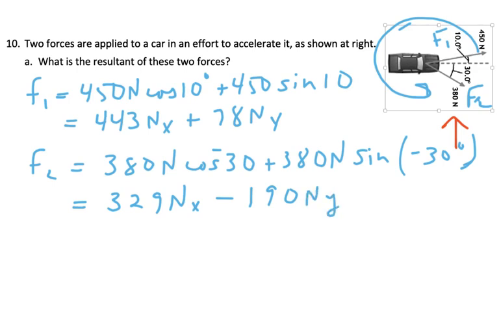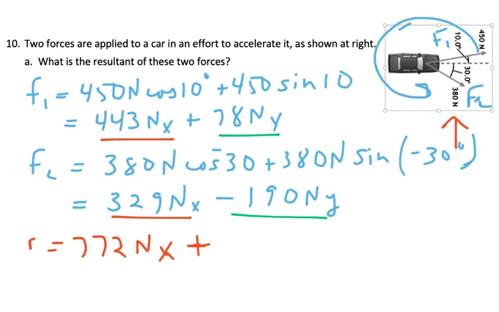So again, if you want to find the resultant, we're just going to add up the x components. So we add 443 and 329, and you end up with 772. And then you do the same thing with your y component.